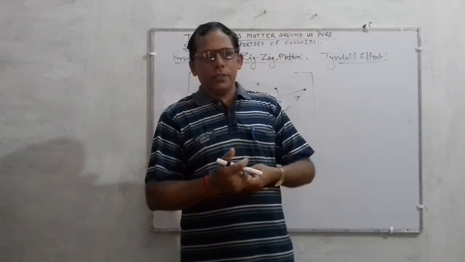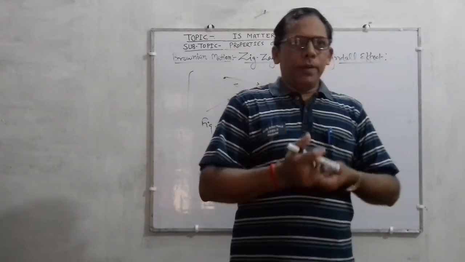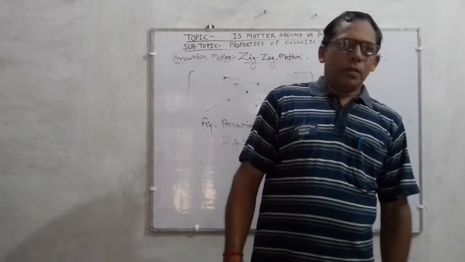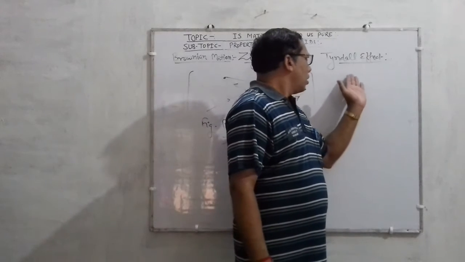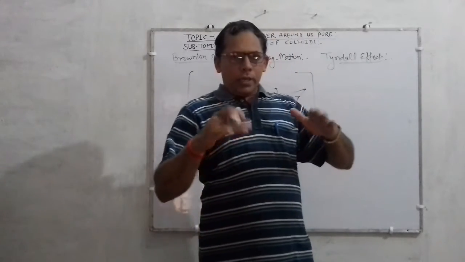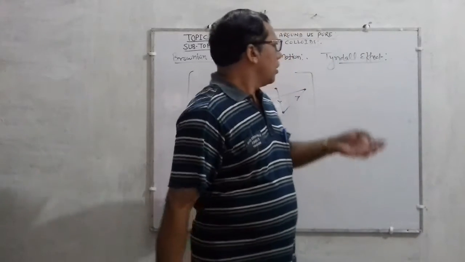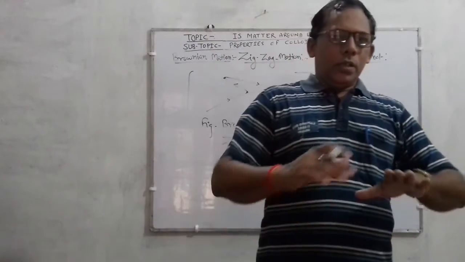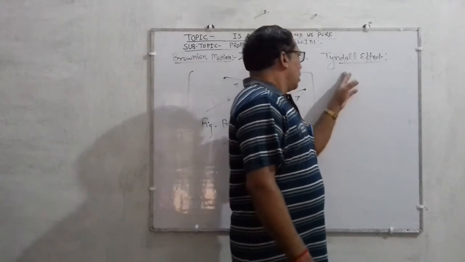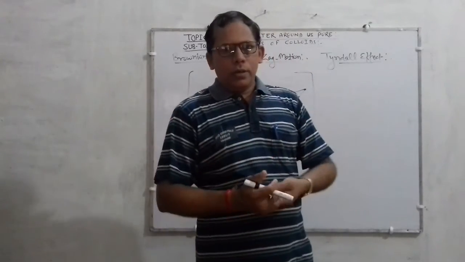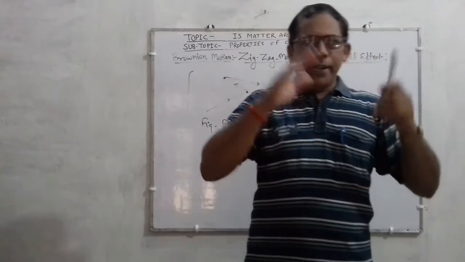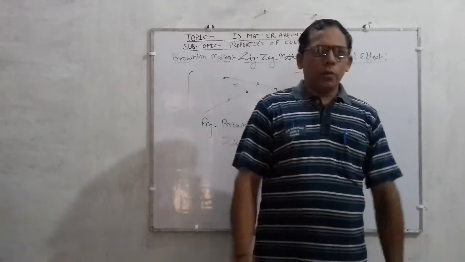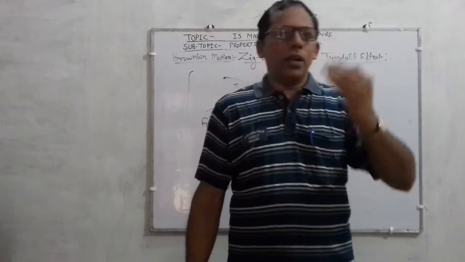When an intense beam of light is passed through a colloidal solution, then due to scattering of light by the colloidal particles, a cone is formed by the illumination of light, and that formed cone is called Tyndall cone, and the phenomenon is called Tyndall effect.